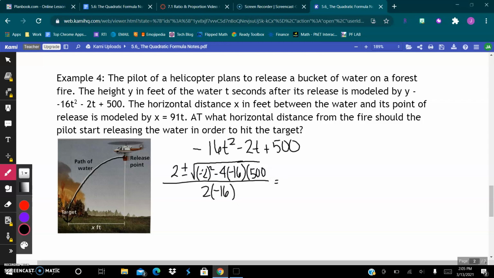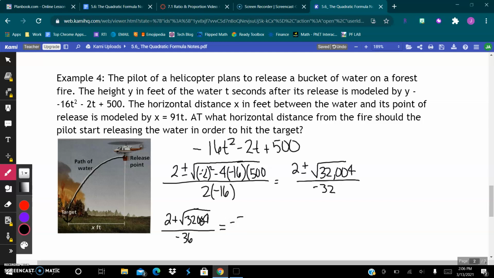So when I simplify underneath of the radical, I get 32,004. And I get negative 32 at the bottom. And then when I break that into two different problems, when I do 2 plus the square root of 32,004 over negative 32, I get negative 5.65.